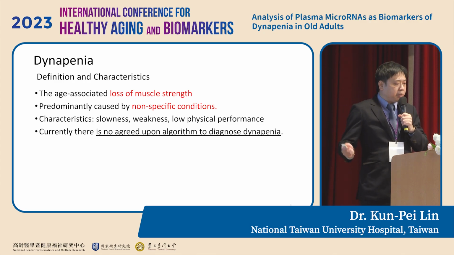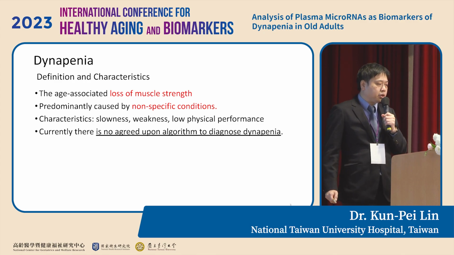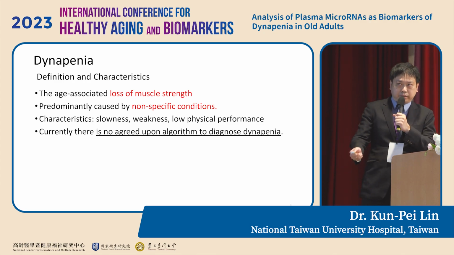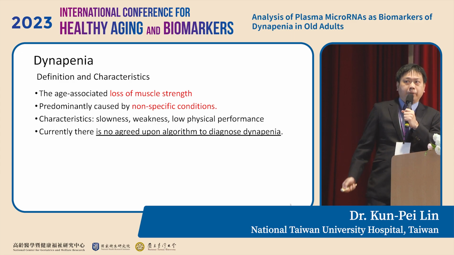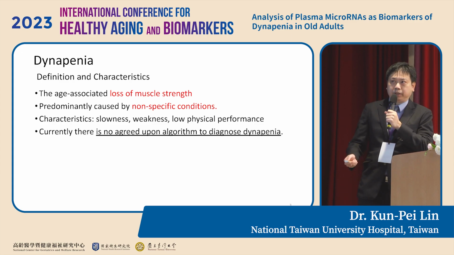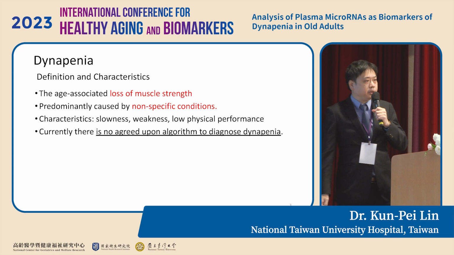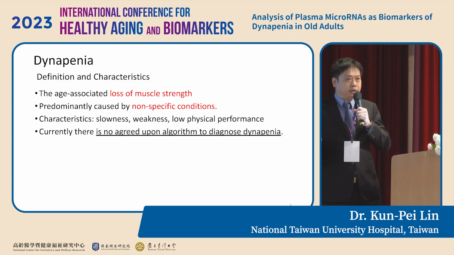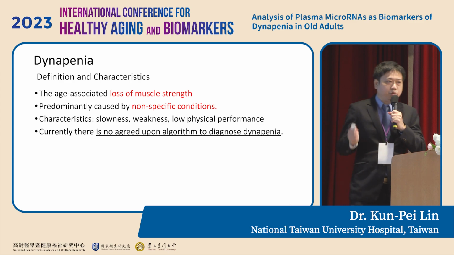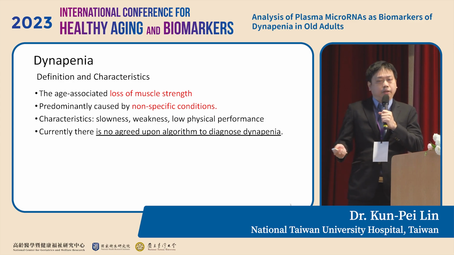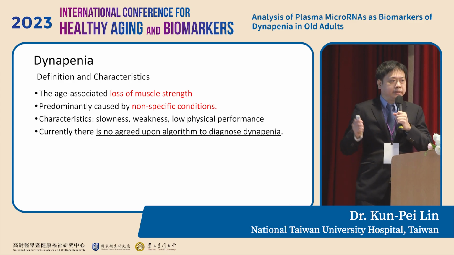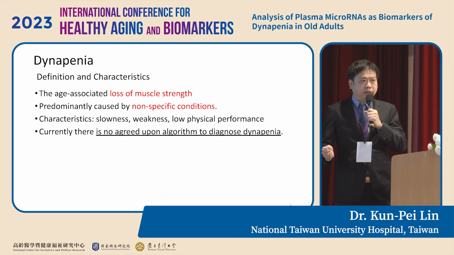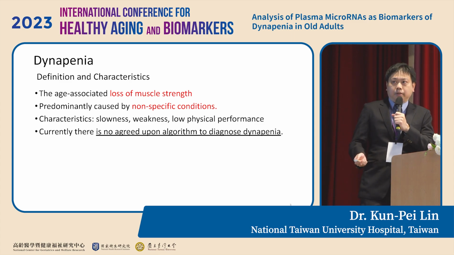The definition of Dynapenia is the age-associated loss of muscle strength and the predominance caused by non-specific conditions. In other words, if patients have a specific disease such as stroke, muscle damage, or neural damage, we can say they may be caused by a secondary factor or secondary cause.